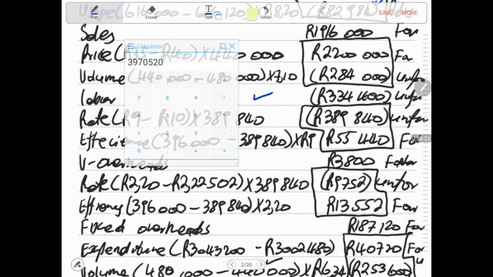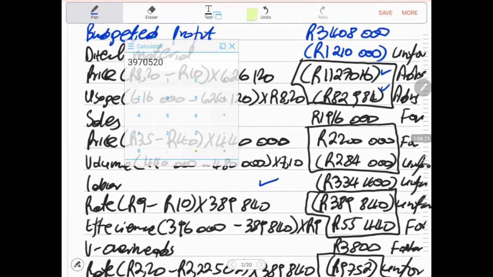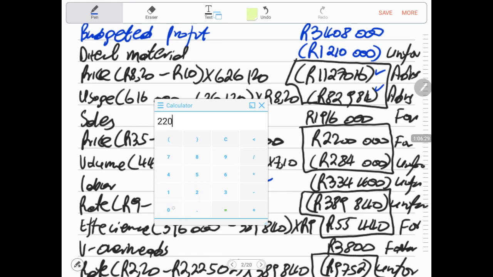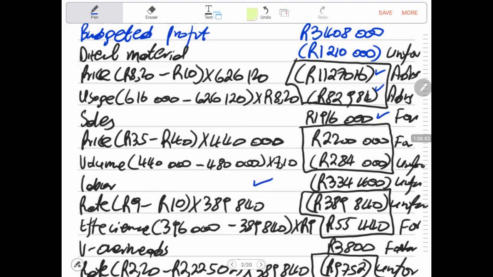Let me check, where did I do something wrong? Let me check. 2,200,000 minus 284,000, 1,916,000. That one is right, and it is favorable variance.